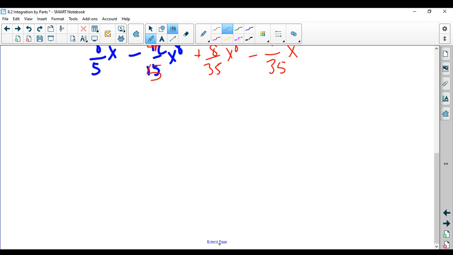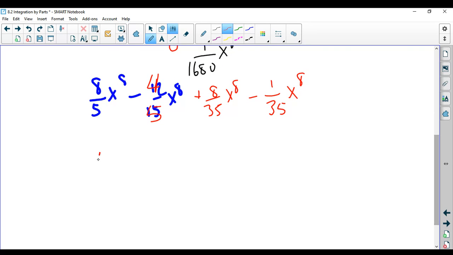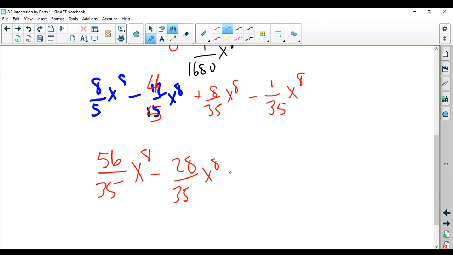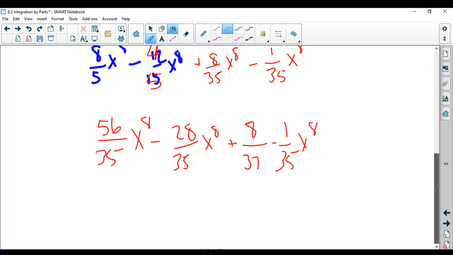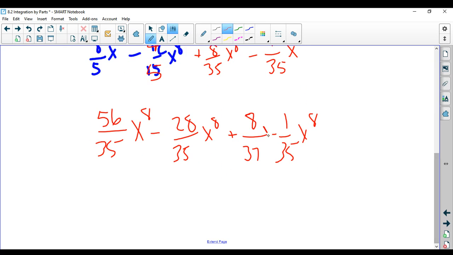Multiply these first terms by 7 over 7. We have 56, 28. Add up all the numerators now because they're all common denominators.